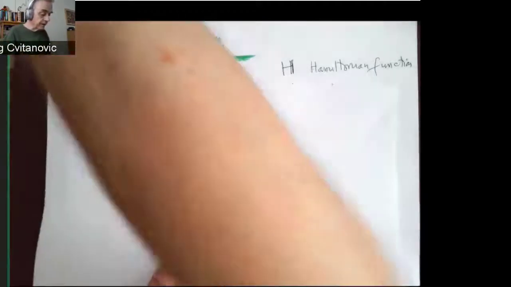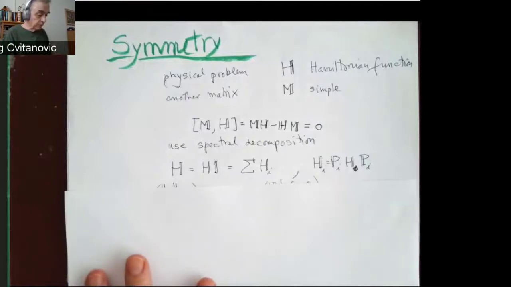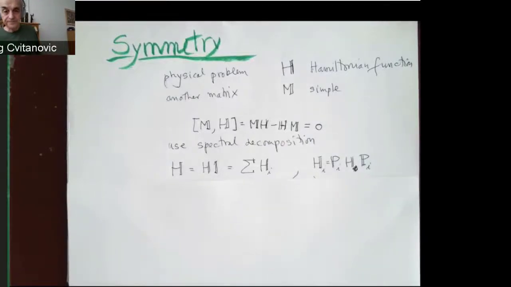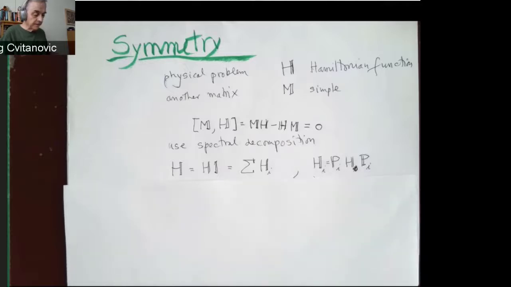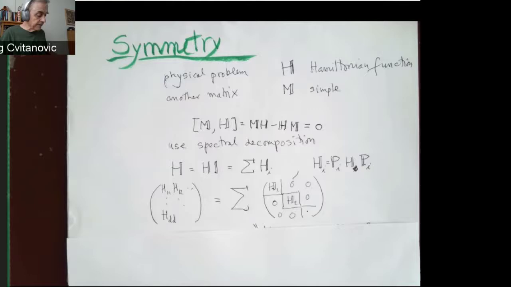And we can use that to decompose the Hamiltonian into a sum of Hamiltonians acting on the subspaces defined by these projection operators. And you can visualize this by saying the original Hamiltonian was a big matrix, this guy here.